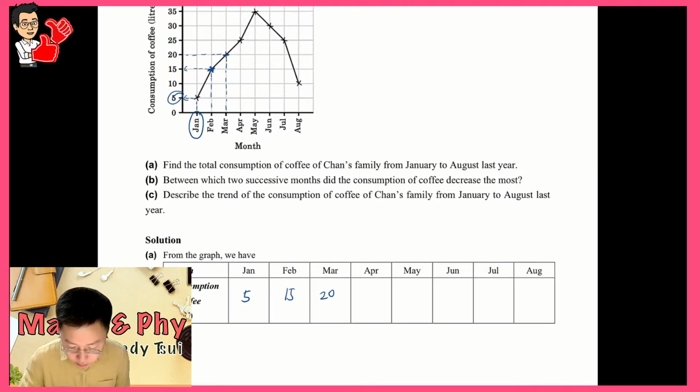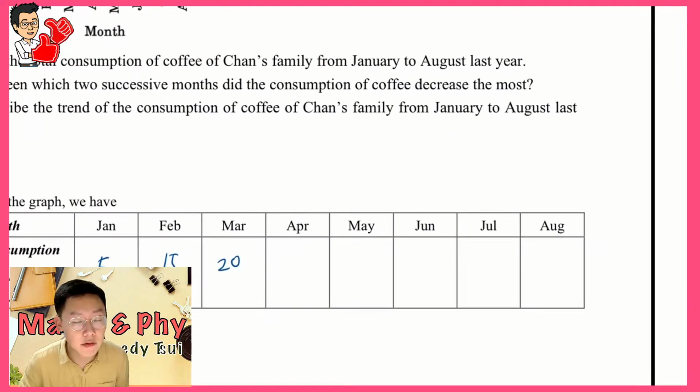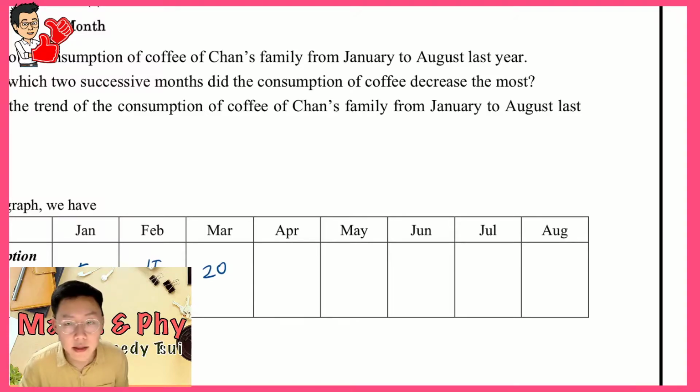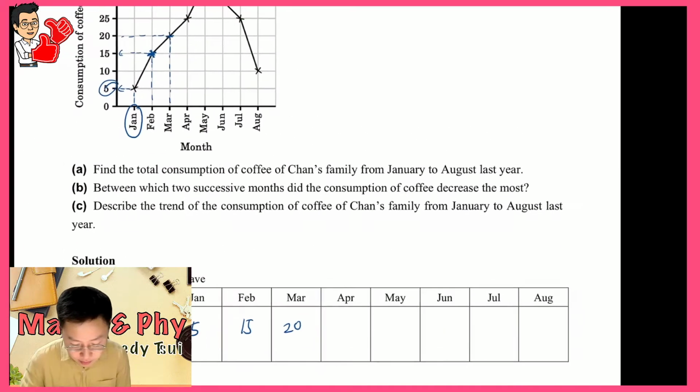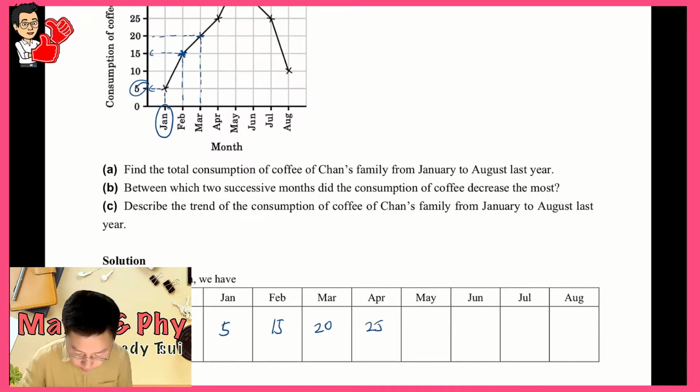So we can use this to find the consumption of coffee in the other months. For April it should be 25. For May it should be 35. For June it should be 30. For July it should be 25.